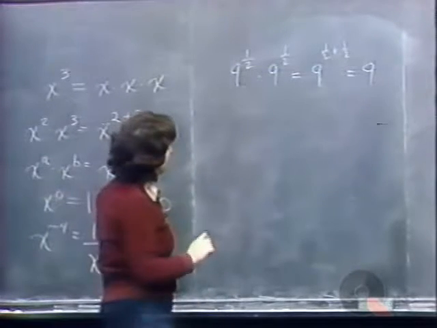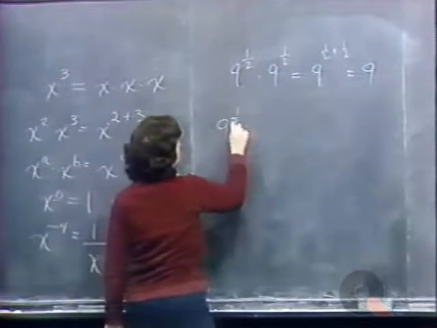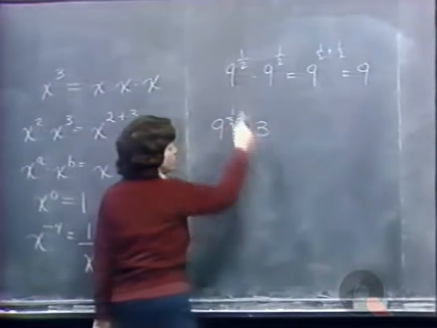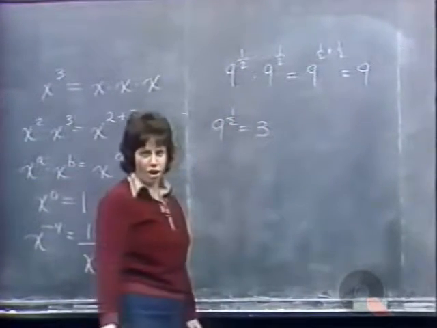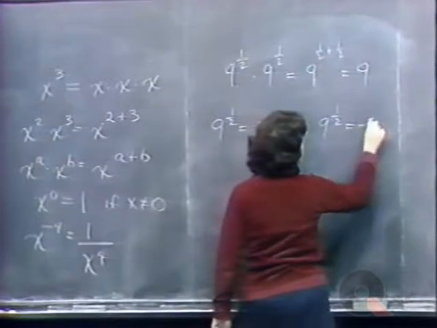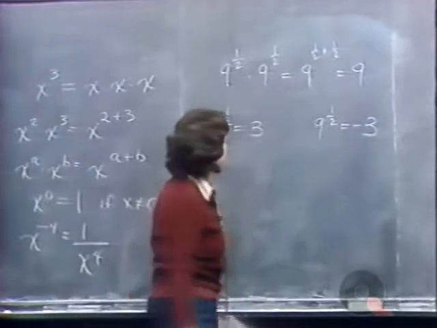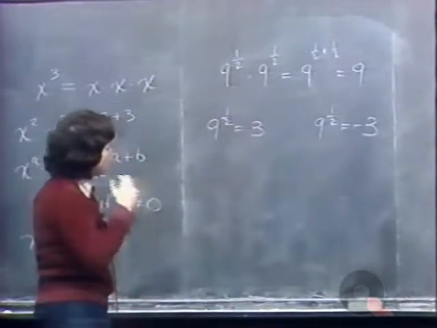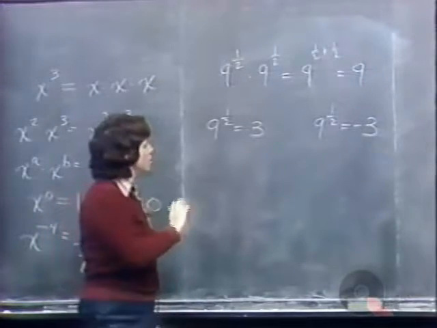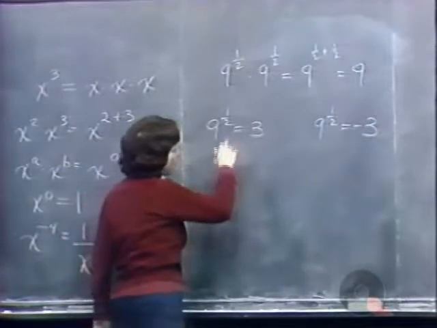So two possible answers come to mind. 9 to the 1/2 might be equal to 3, since 3 times 3 is equal to 9. Or you could say 9 to the 1/2 is equal to minus 3, since minus 3 times minus 3 is also plus 9. Now, in mathematics, we do not like to have a symbol doing double duty. We don't want 9 to the 1/2 to both be 3 and minus 3.